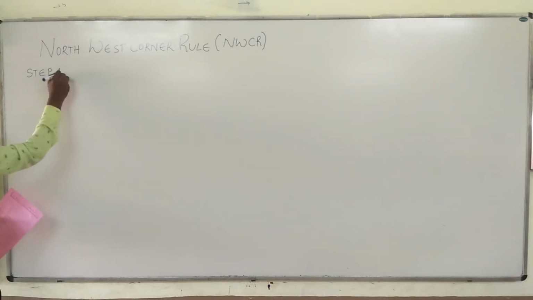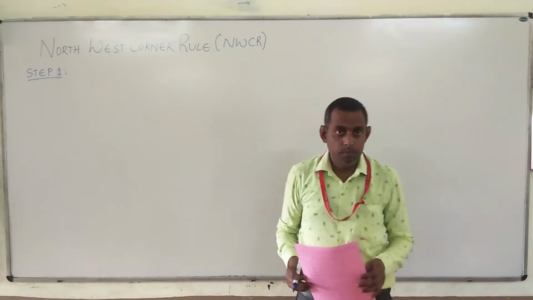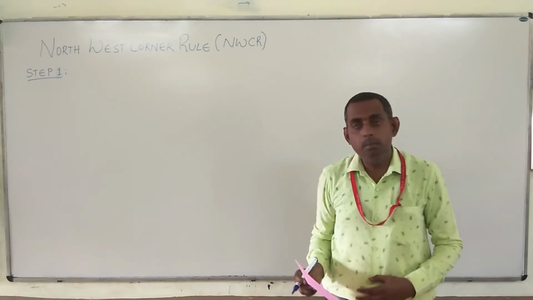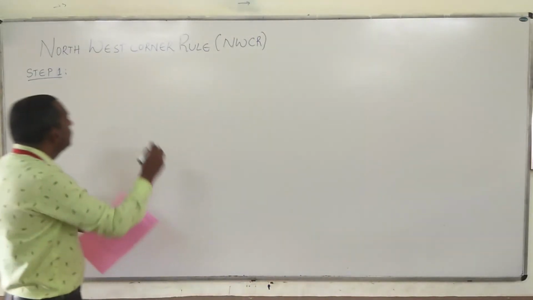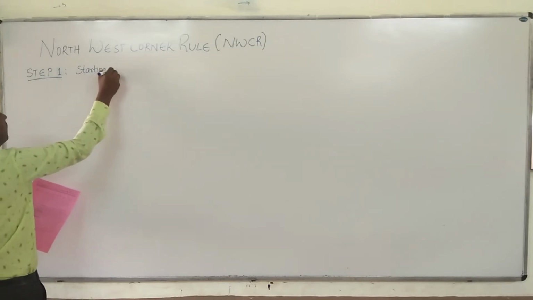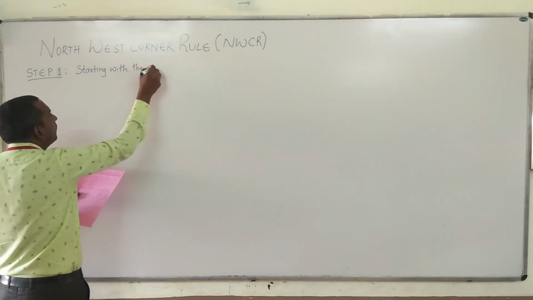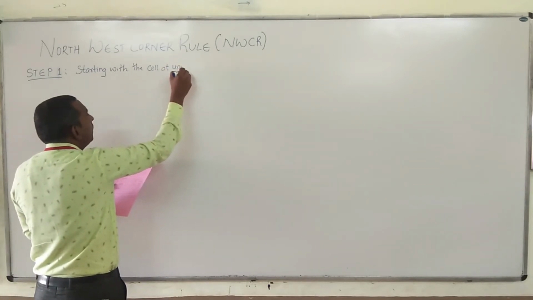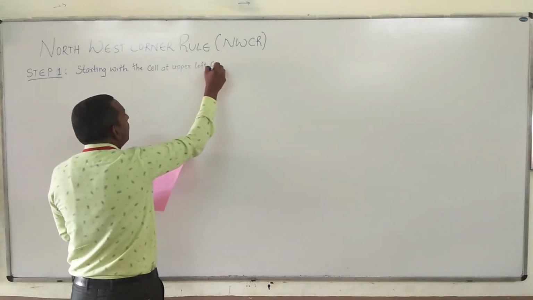First of all, we need to understand why we need to use this northwest corner rule. To get the initial basic feasible solution for a transportation problem, we use the northwest corner rule. So, starting with the cell at the upper left corner.